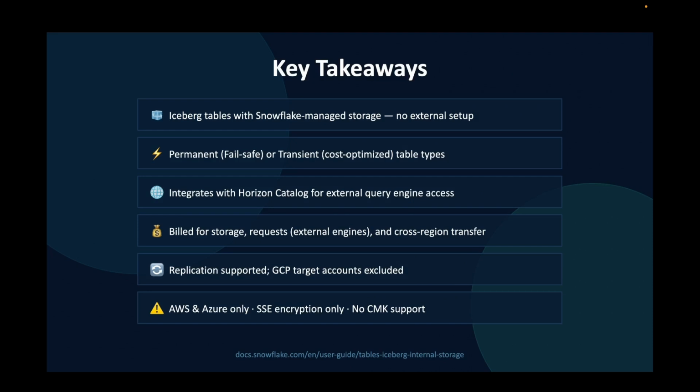You are billed for storage, requests like external engine access, and also cross-region transfer. Replication is supported. Currently, GCP accounts are excluded. As we talked about, it is supported only for AWS and Azure accounts. Server-side encryption is supported and no client-side encryption.